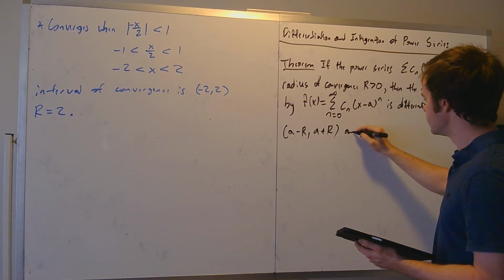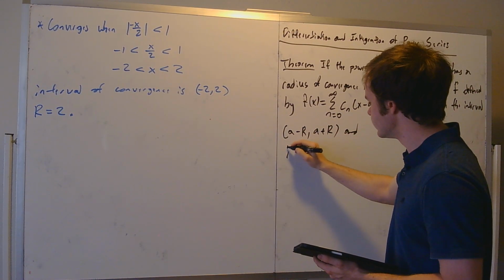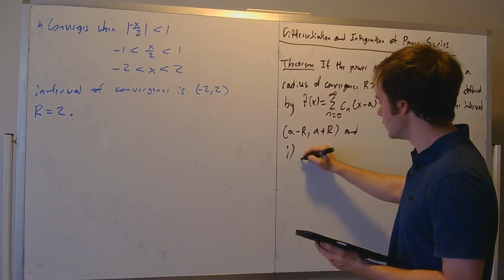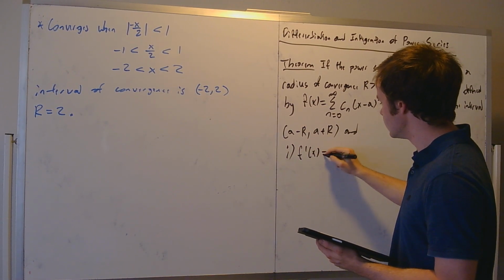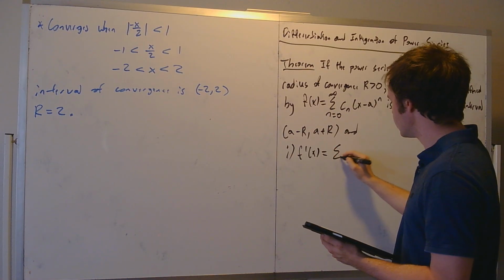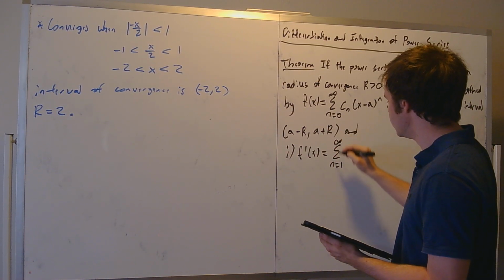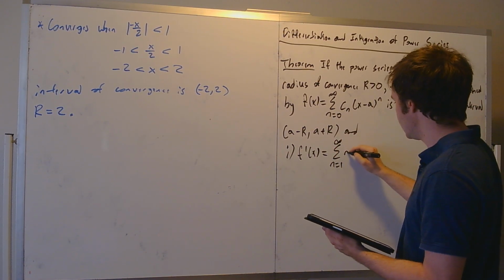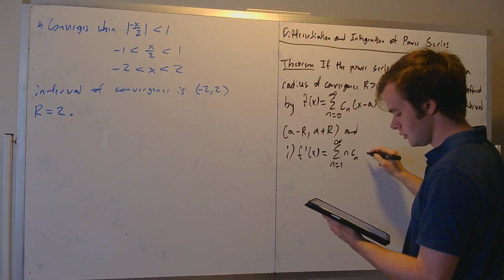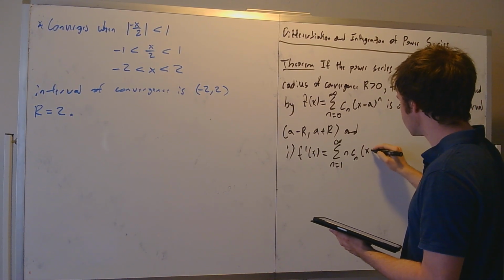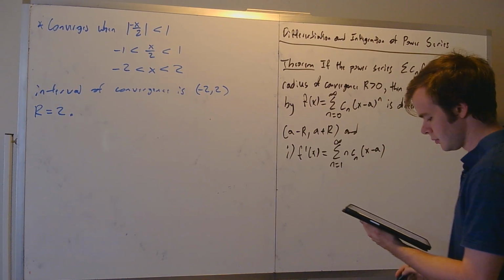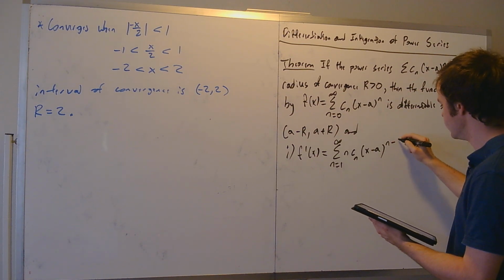And so the first thing is that f prime of x is going to be equal to the sum from n equals 1 to infinity of n times Cn times x minus a to the power of n minus 1.